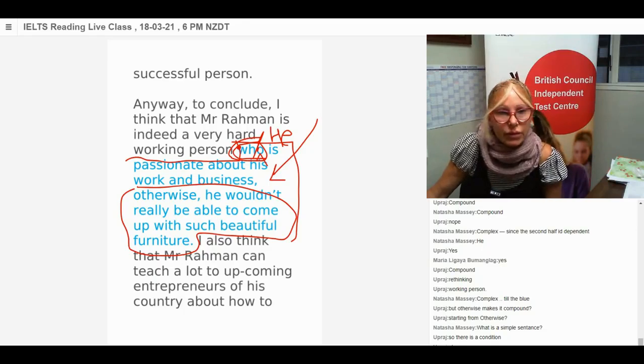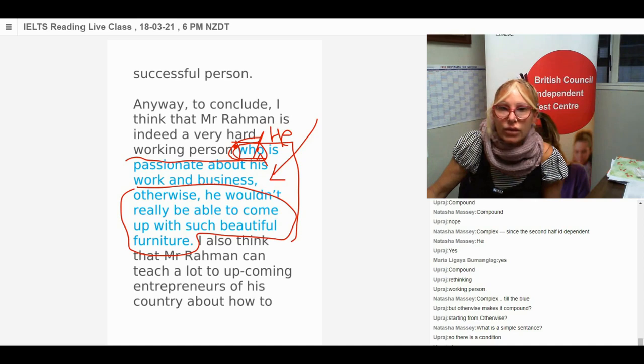You've got to look at every part of the sentence: can the ideas stand on their own? If we divided it here, would the rest make sense on its own? The answer is no. You wouldn't just randomly say, "who is passionate about his work and business?" We wouldn't understand. So the whole part in blue is dependent, but starting from "otherwise" would be independent. Does that make sense?